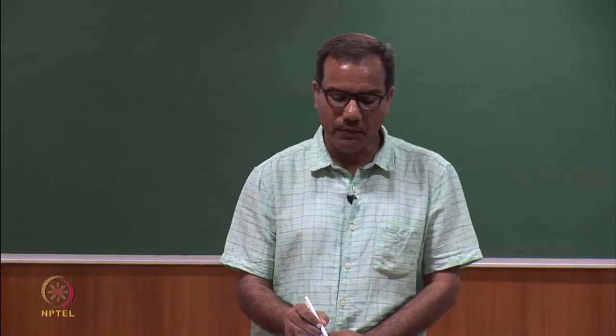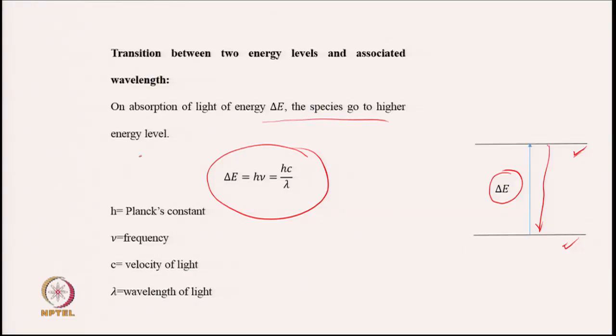On absorption of light of energy delta E, the species goes to a higher energy level, and since there are discrete values, this delta E will be fixed, and the sample will absorb light of this wavelength. In this relation, h is Planck's constant, nu is frequency, c is the velocity of light, and lambda is the wavelength of light.